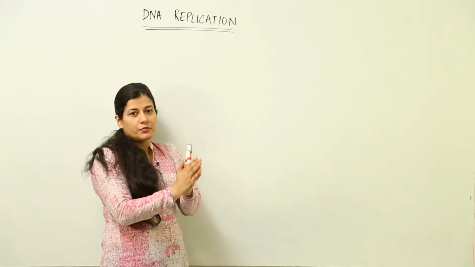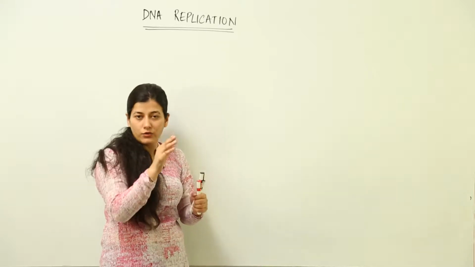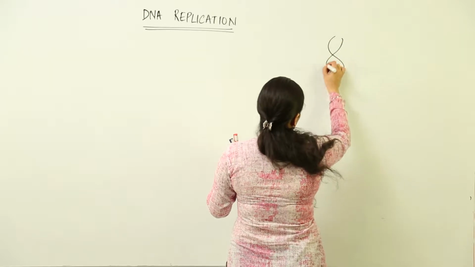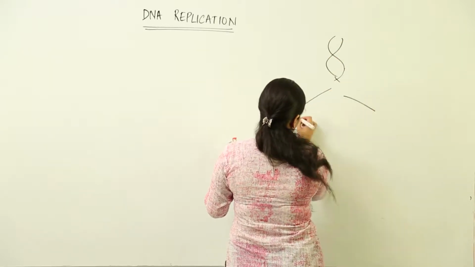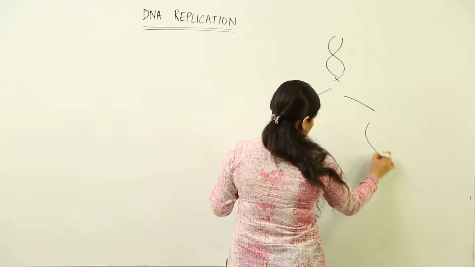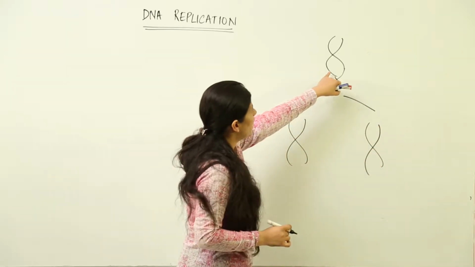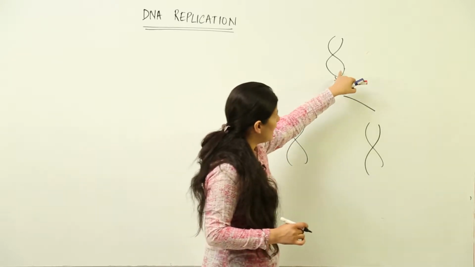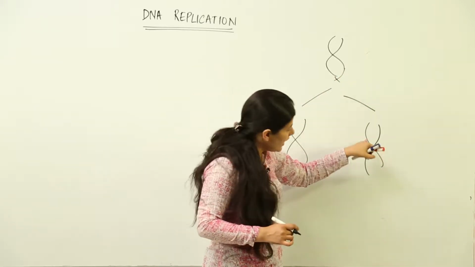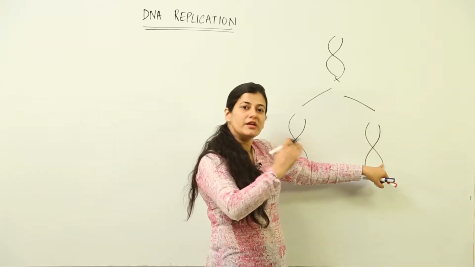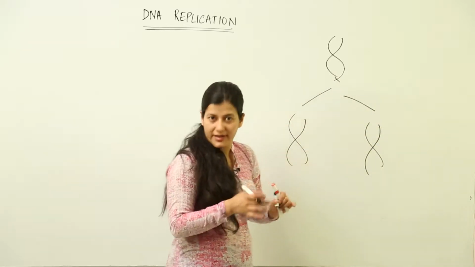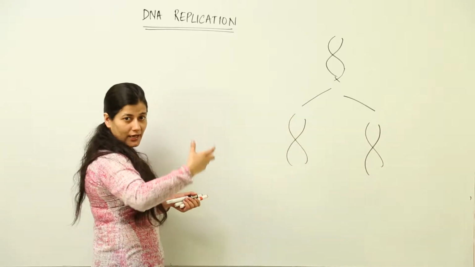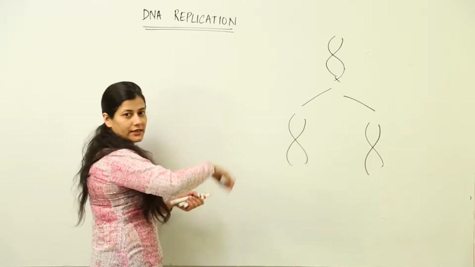That means if supposedly you want two DNAs out of one DNA, do keep in mind that one strand would be used in this and the new one would be synthesized, and the other strand would be used in the other DNA and the new would be synthesized complementary to the one which was previously present. If you can, rewind this part and learn it by heart what I have said, listen to it time and again, you will get an idea.